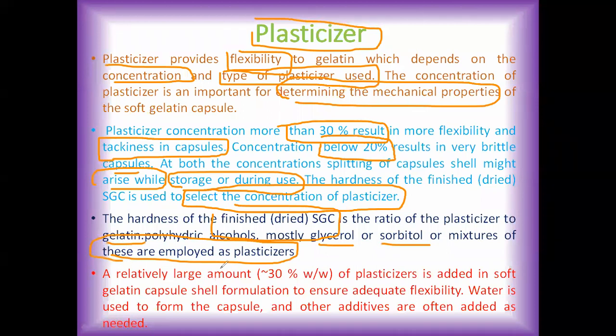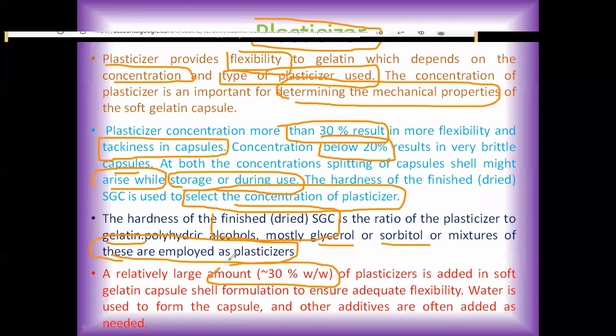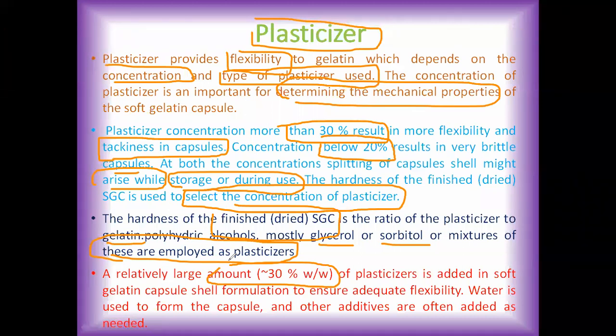And a relatively large amount, that is approximately 30% weight by volume of plasticizer, is added in soft gelatin capsule cell formulation to ensure that adequate flexibility is imparted to the soft gelatin capsules.